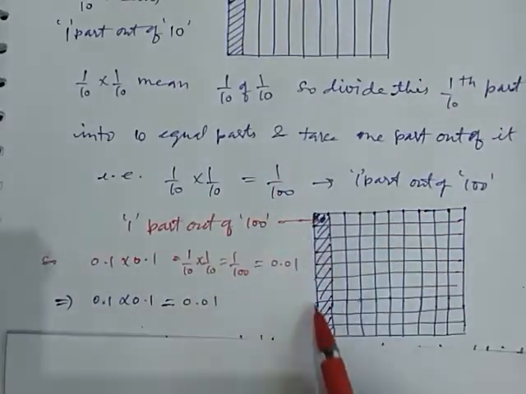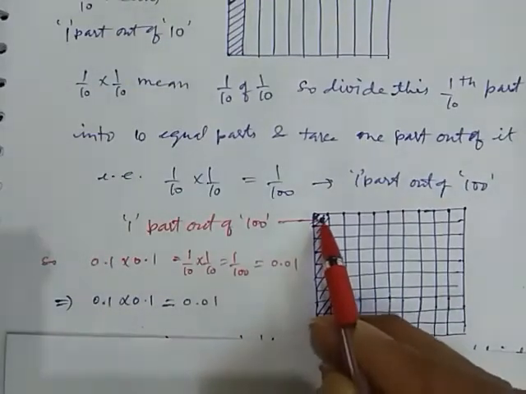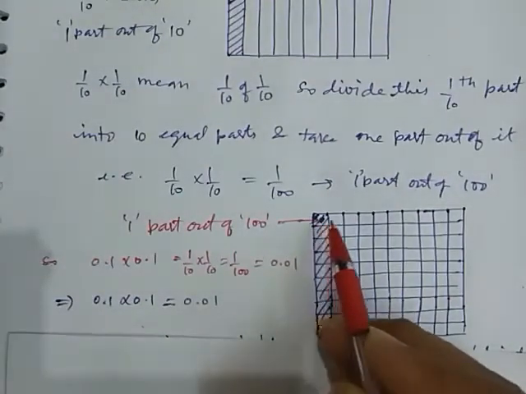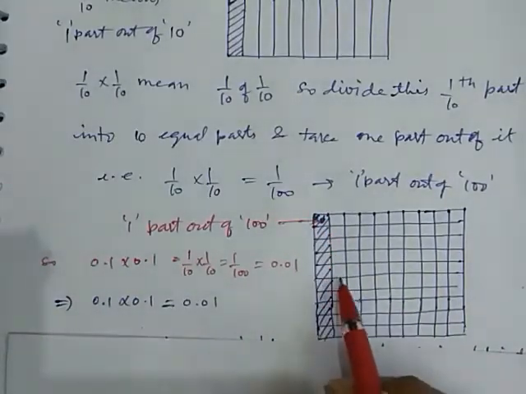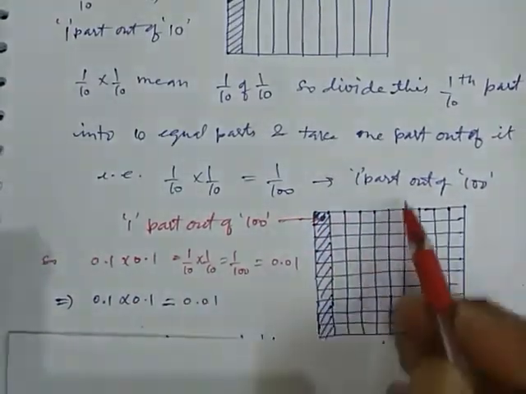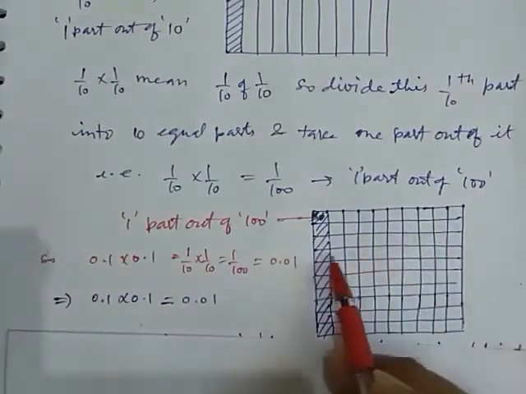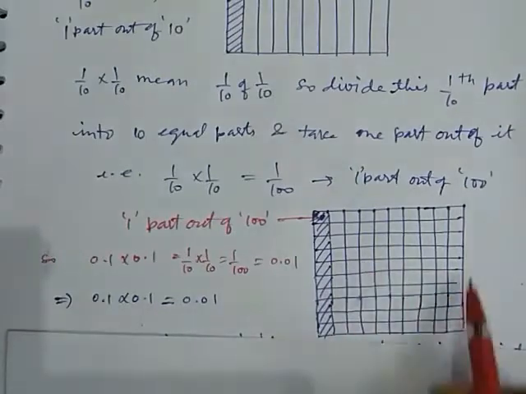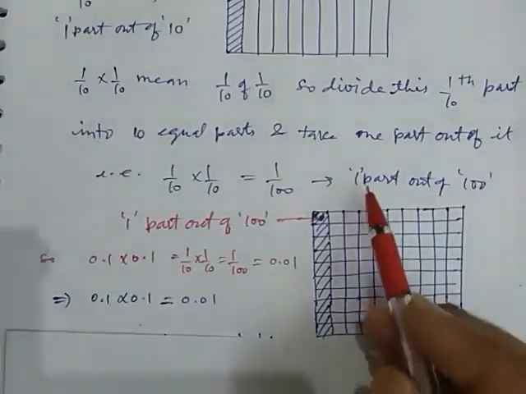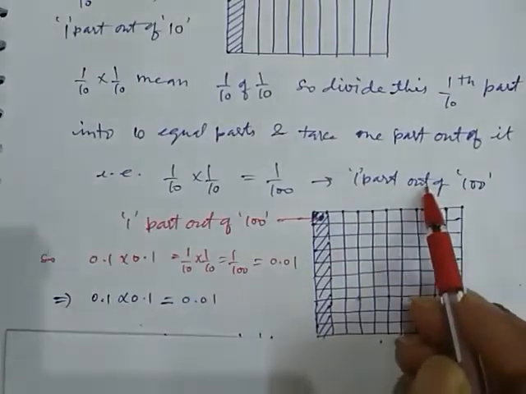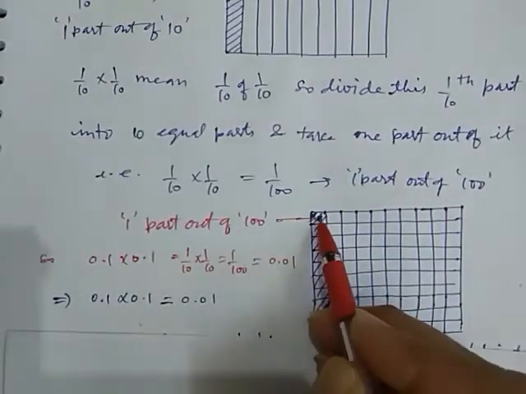So the total parts are 100 here and we consider only 1, because previously we had this 1 part and these are 10 parts. Now we divide each part into 10 parts, so the total parts become 100 and we take 1 part out of 100.